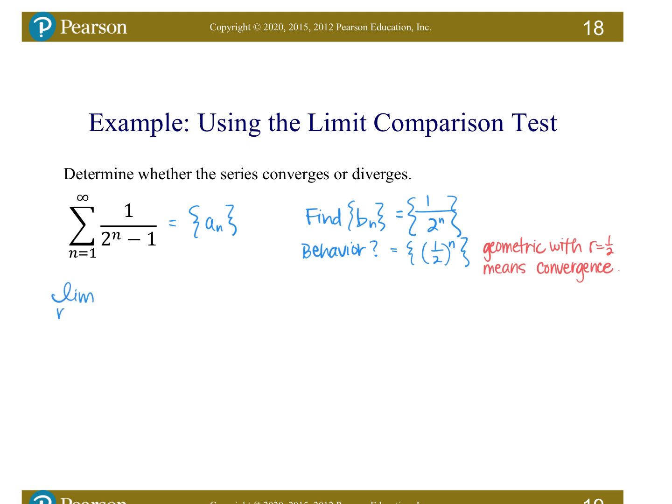So we want to take our A sub n, which is 1 over 2 to the n minus 1, and compare that to the B sub n, which is 1 over 2 to the n. Again, algebraically, an awkward way to write those fractions. So instead, we'll have 1 over 2 to the n minus 1 times 2 to the n over 1.